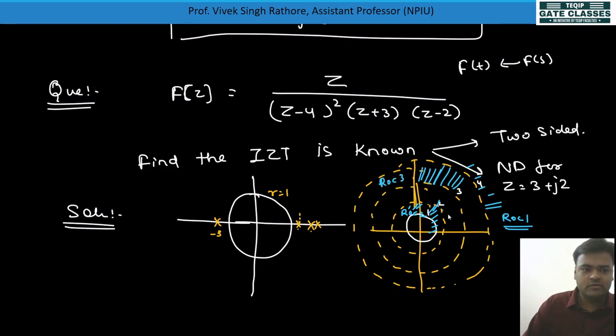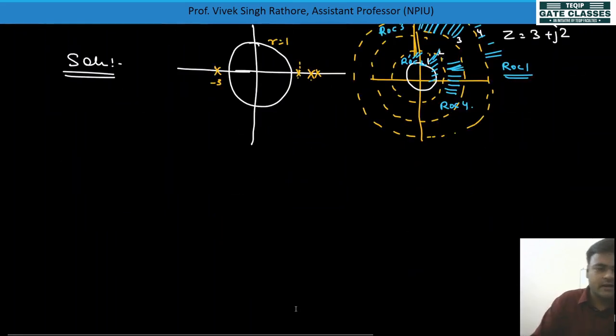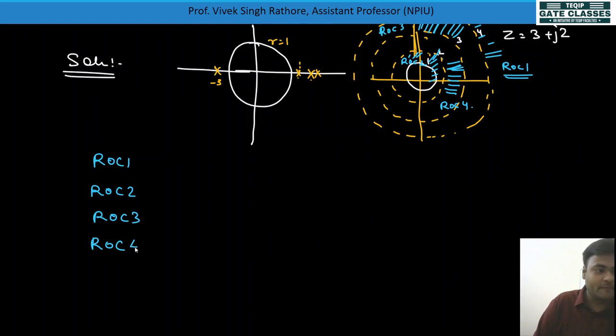And one more ROC is there. ROC can be formed in between 2 and 3, so ROC number 4 can be considered. So see, I'll write you ROC1, ROC2, ROC3 and ROC4.